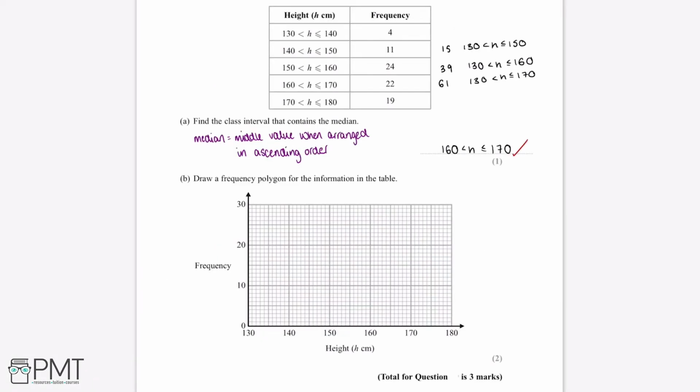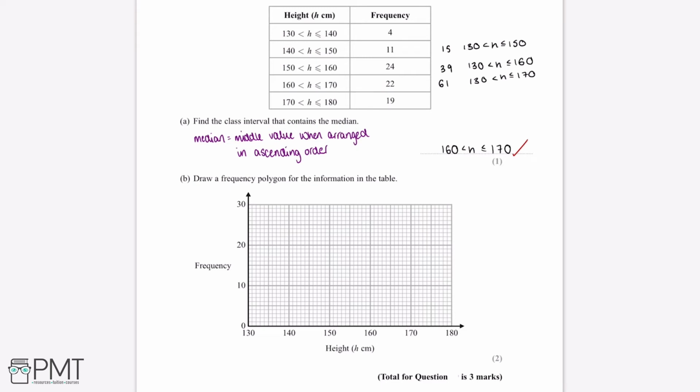Draw a frequency polygon for the information in the table. So what we can see from this graph is on the x-axis we have the height of the children, and on the y-axis we have the frequency. Now, an important thing to remember for frequency polygons is that because the heights are in a class interval, we're going to want to take the midpoint of this interval.